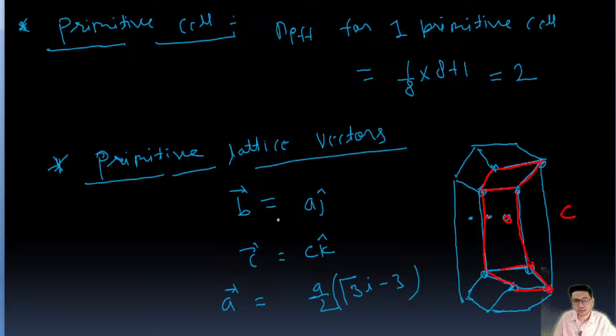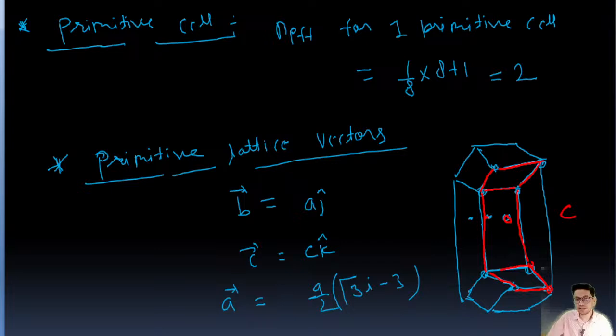A is the side of the hexagonal SCP. So B equal to A j cap, C equal to C k cap, and A equal to A by 2 root 3 i minus 3. Well, this is about the primitive lattice vector.